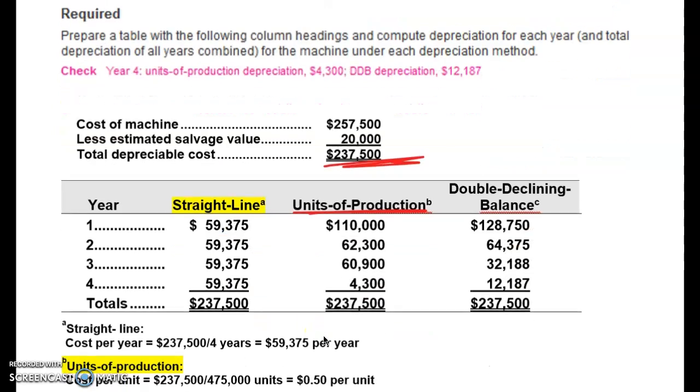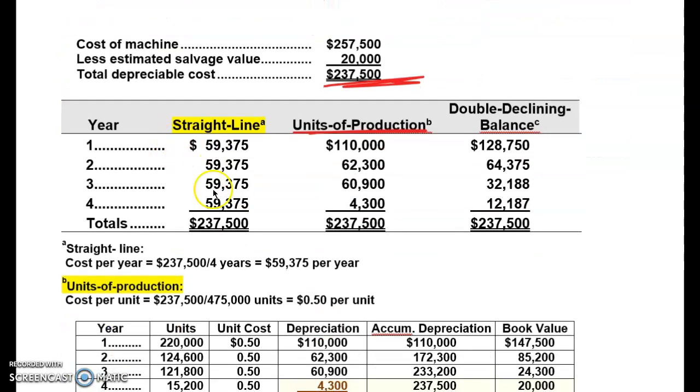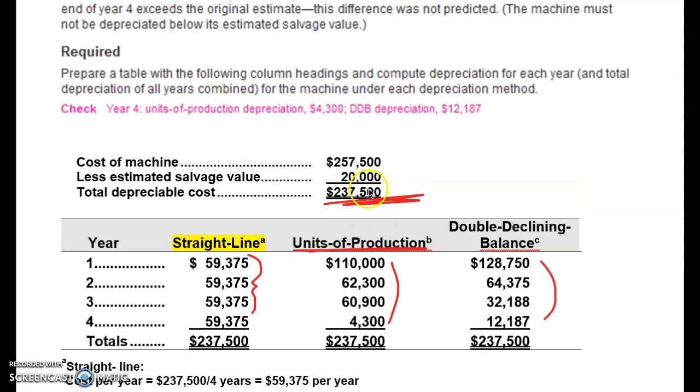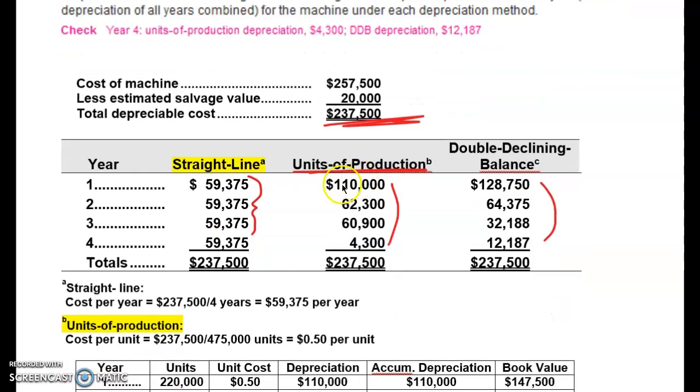All right. So let's look at straight line. Here are the answers for straight line. Remember, I told you they would all be the same. And these, unless production is the same every year, would be different. So for straight line, we take that number right there. Cost less salvage value is $237,500.